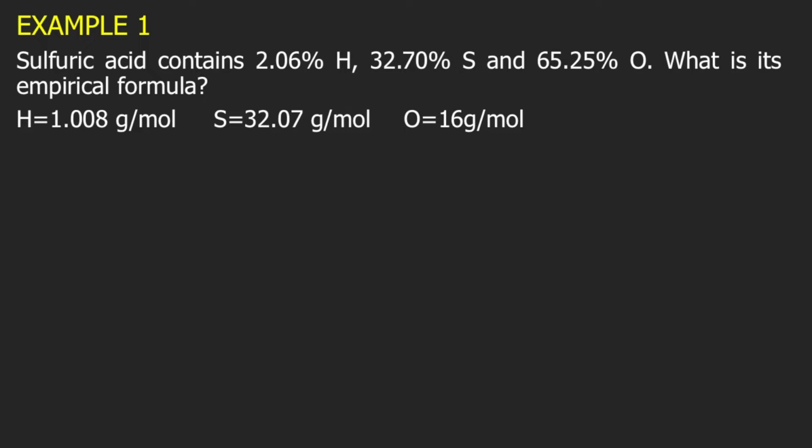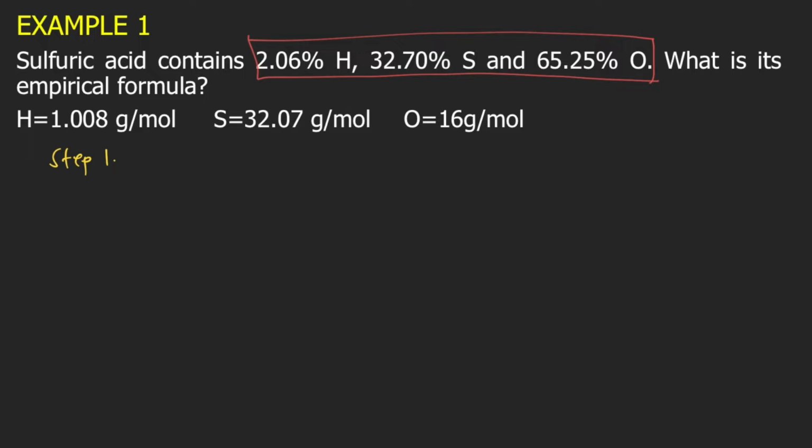I'll give you a tip. Whenever you are given mass percent composition, what you do in step 1 is you just replace the percent with grams.